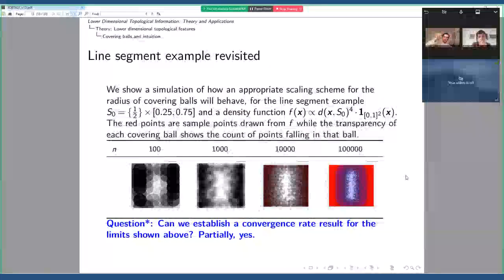I think you might see a homotopy type if your zero density region is not too pathological. However, if your zero density region is a very small circle, and you do not have enough samples, those covering balls may, instead of giving you a circle, give you a disk. So that will actually destroy your homotopy type.